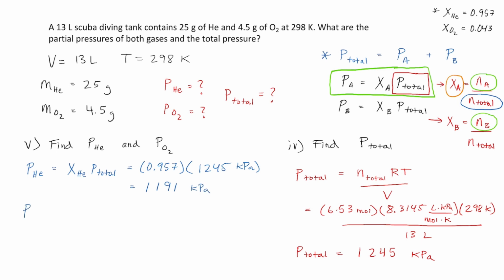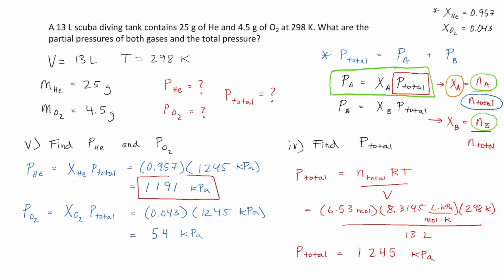Now let's solve for oxygen. If we want to find the partial pressure of oxygen gas, we can use this equation. All we need to do is multiply the mole fraction of oxygen gas times the total pressure, and that gets us 54 kilopascals.